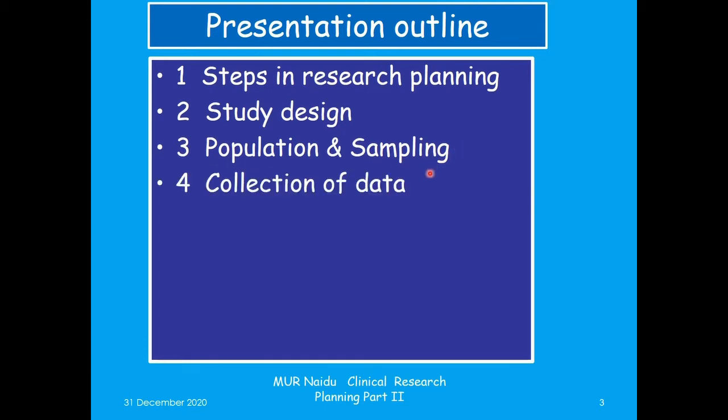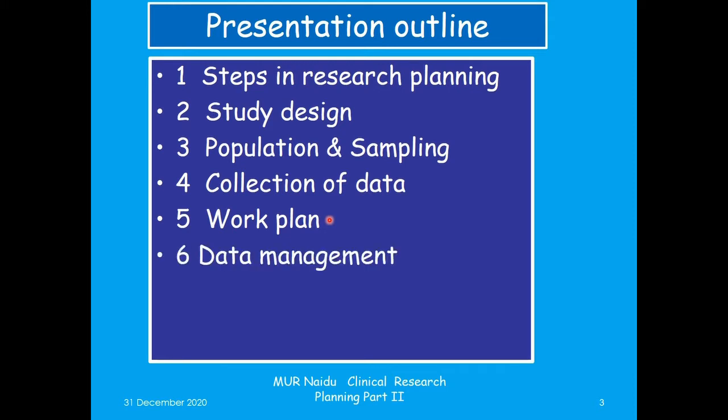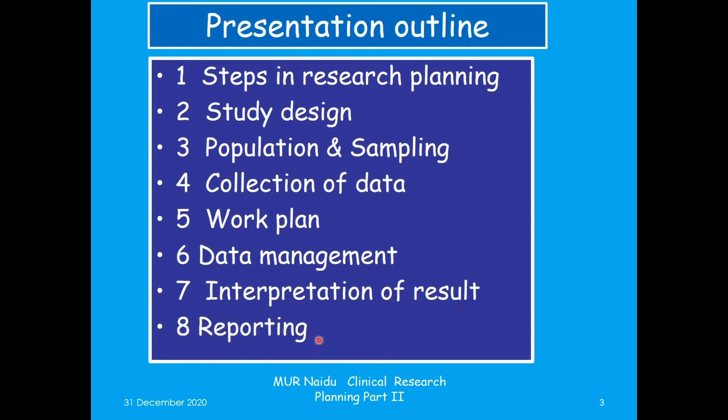Fourth is the collection of data. Fifth is work plan. Then I will take the next topic as data management. The seventh one will be the interpretation of results, and the eighth and last one will be the reporting.